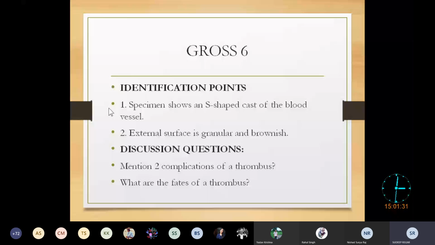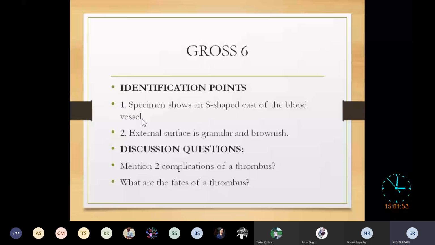You see lines of Zahn in microscopy, which we will be discussing during the microscopy sections. Here the specimen shows an S-shaped cast of the blood vessel. That means it is a thrombus, and the external surface is granular and brownish.